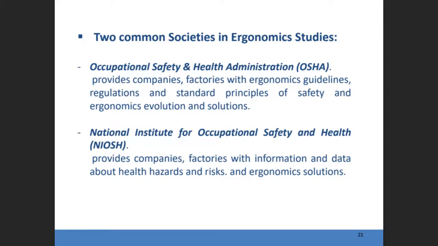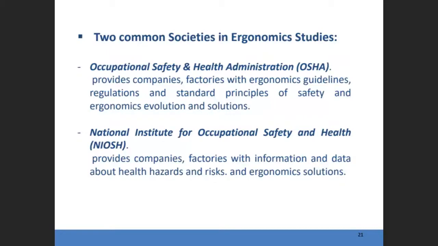It provides companies and factories with ergonomics guidelines, regulations, and standards, principles of safety and ergonomics evaluations and solutions. The second body is the National Institute for Occupational Safety and Health, NIOSH, and it provides companies and factories with information and data about health hazards and risks and ergonomic solutions.